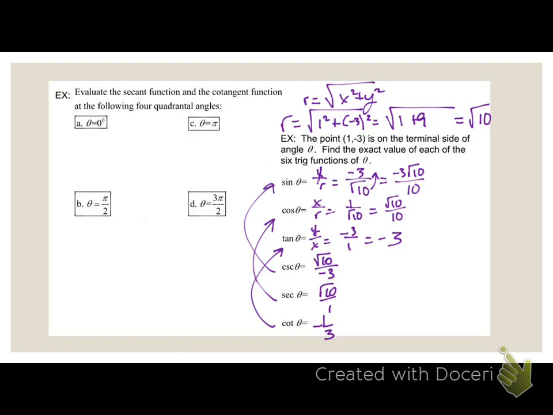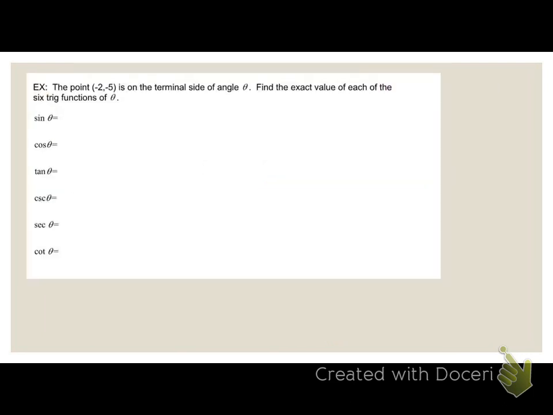And that's how you come up with your trig values, your ratio values. Okay? Now, you try. Now let's say that a point on the terminal side is negative 2, negative 5. Find the exact value of each of the 6 trig functions. So take a second.